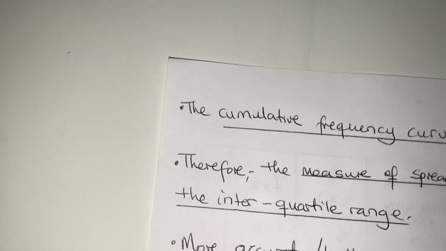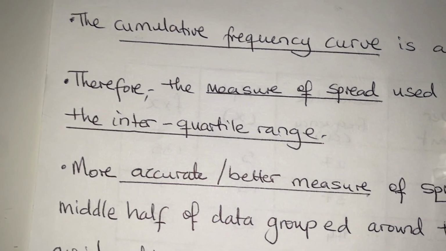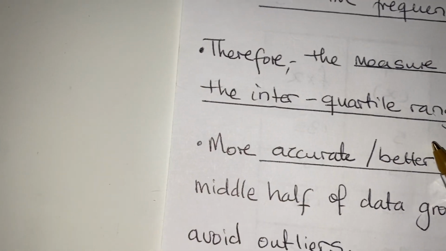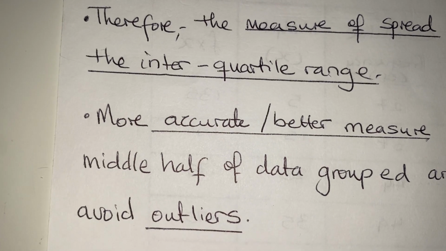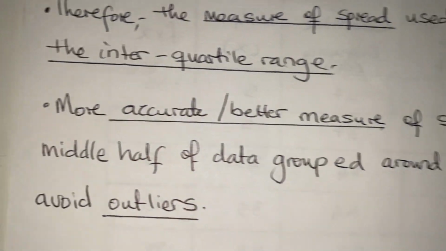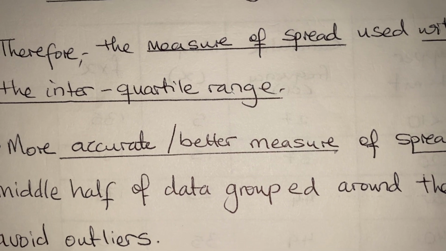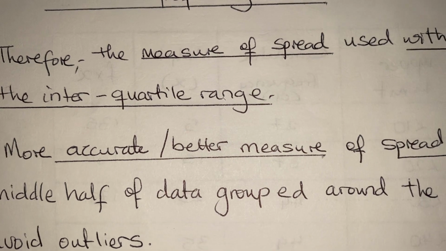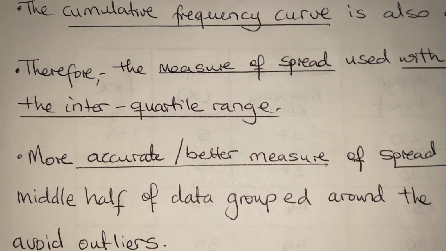Therefore, the measure of spread used with the median becomes the interquartile range. So the median is in the middle, the lower quartile is the 1/4 mark from the y-axis, and the upper quartile is the 3/4. The median is the 50th.